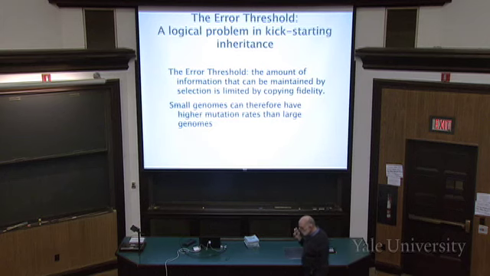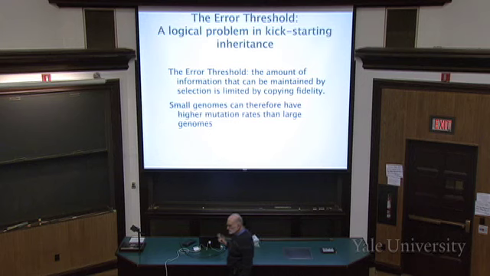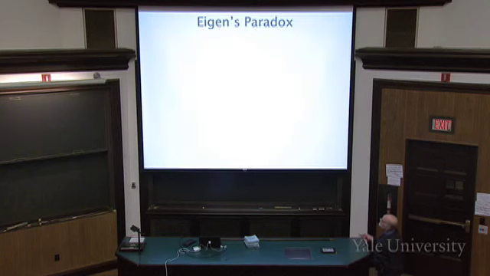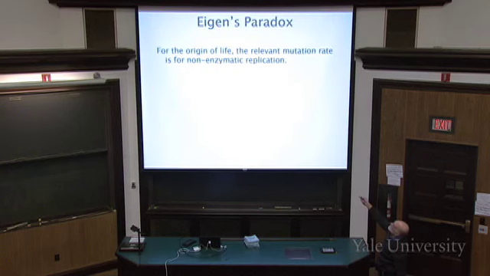A small genome is small enough so that the probability of a mutation at any one place in it is fairly small. A big genome is extremely likely to have a bunch of mutations.